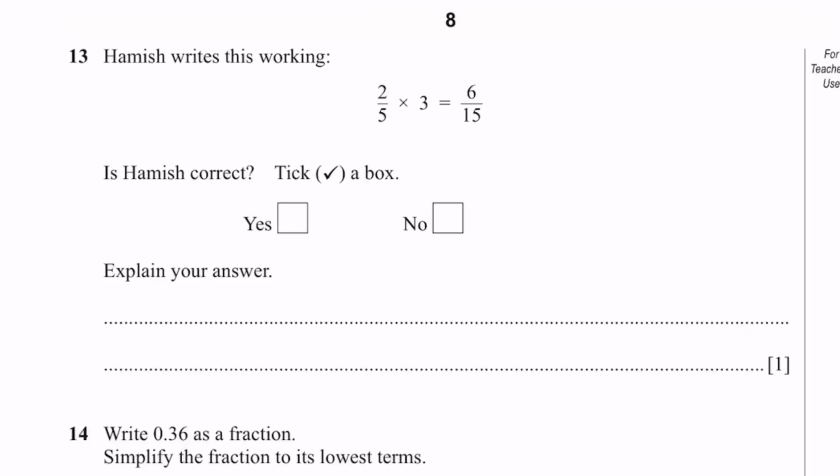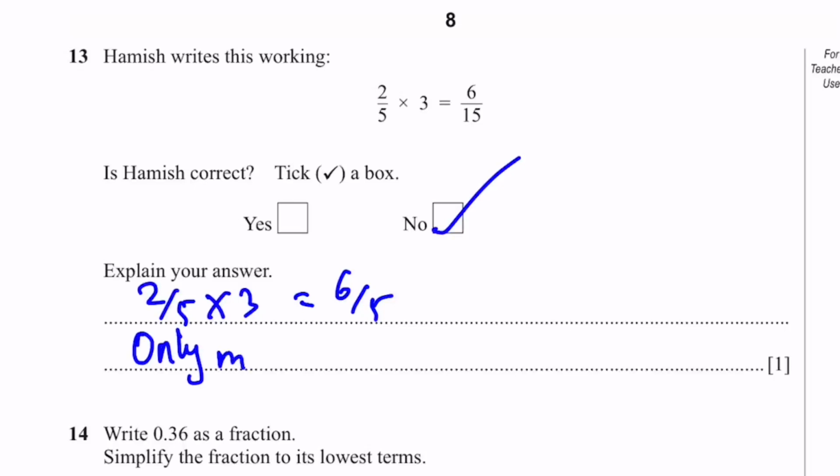Question 13. Hamish writes this working. 2 by 5 into 3 is 6 by 15. Is Hamish correct? Tick a box, yes or no. Explain the answer. Hamish is not correct. So 2 by 5 into 3 is equal to 6 by 5. That's normal. But then why is it 6 by 5 and not 6 by 15?